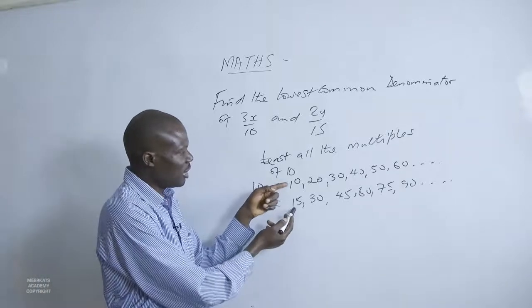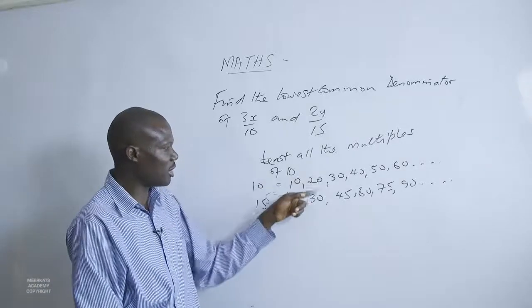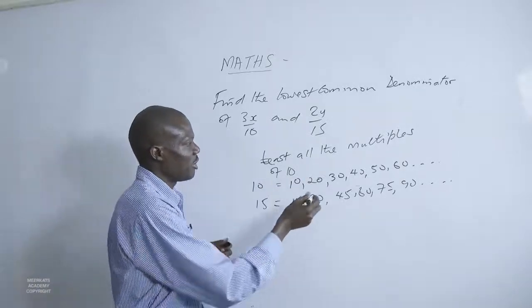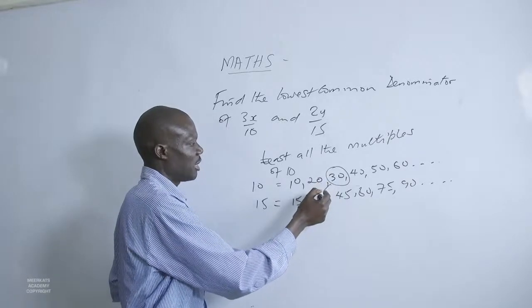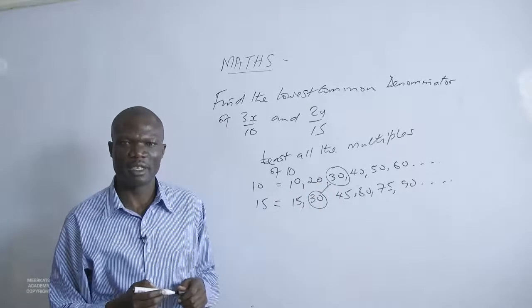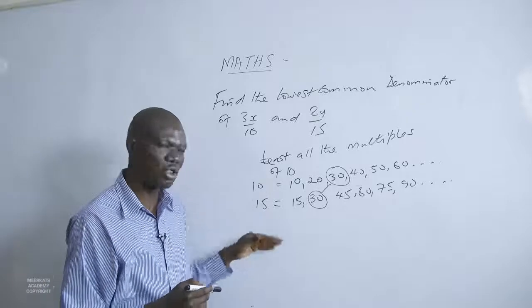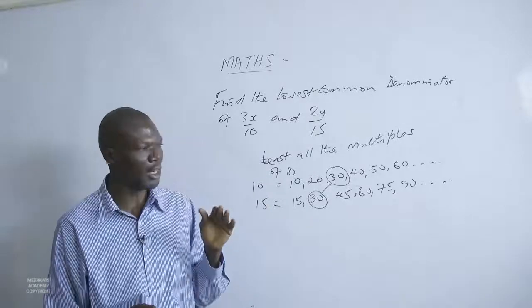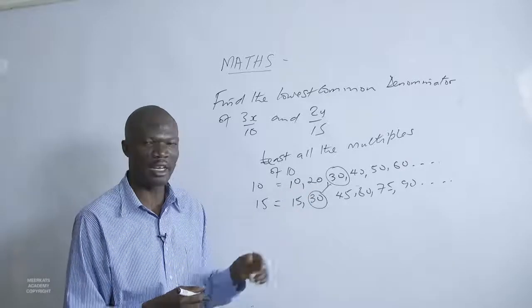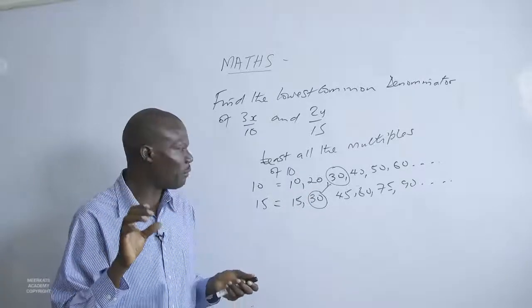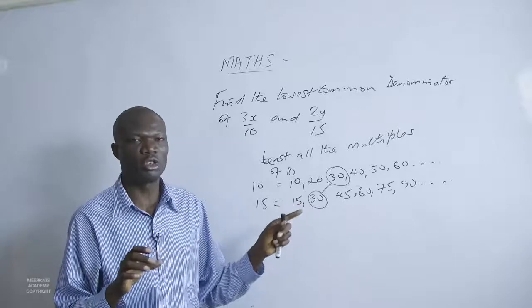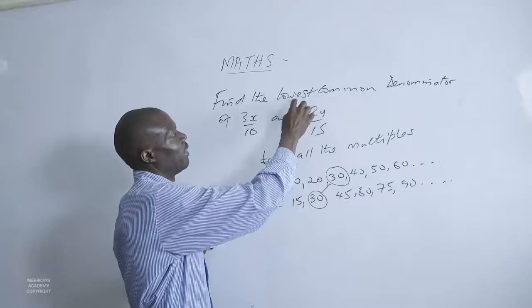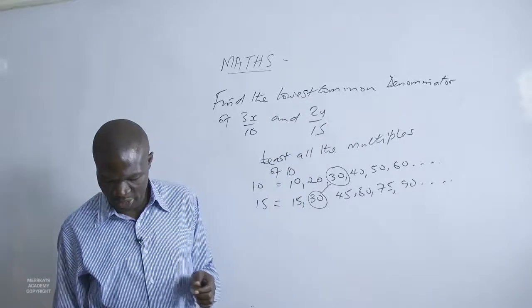So when you start with 10 and then 20, you'll find that the first one that is common is 30. That is the least multiple of both, and that is the one we are looking for.